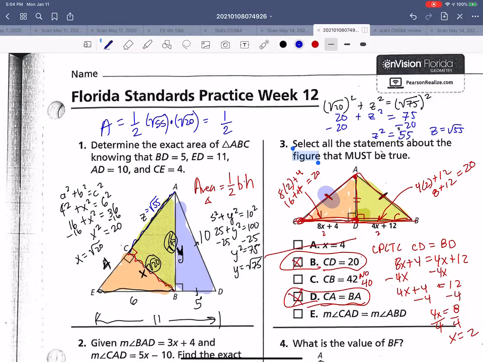That's the same thing as just square rooting 55 times 20. So 1/2 times the square root of 110.